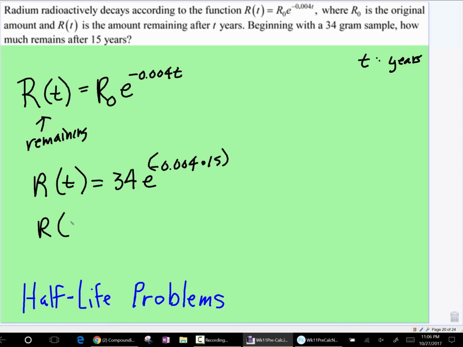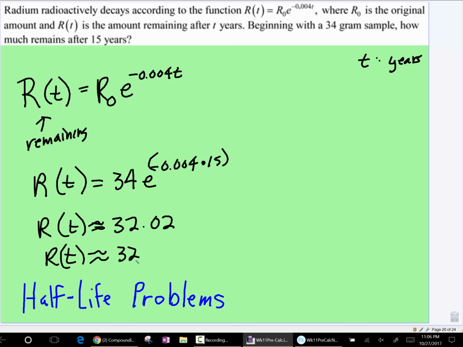So R of t is equal, I'm going to plug that in, 34 second ln negative 0.004 times 15, close parentheses, about 32.02, but really it's probably, that's such a small amount, about 32.